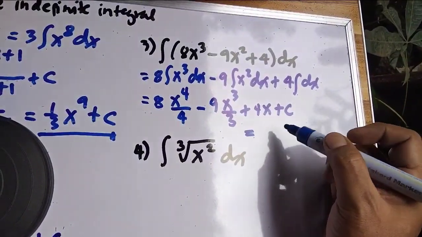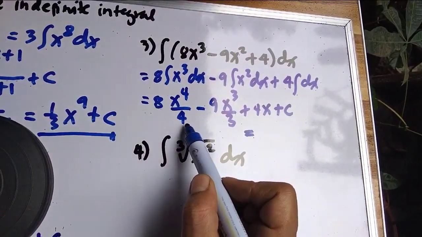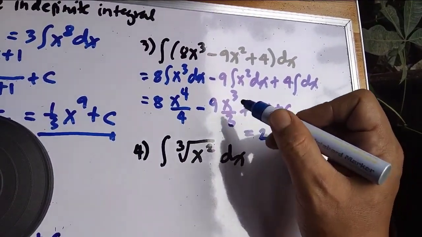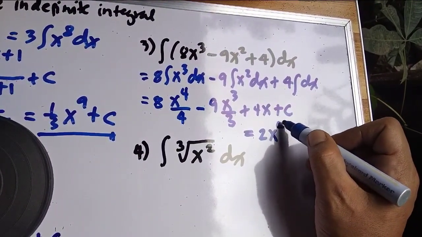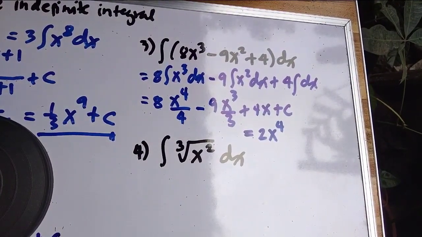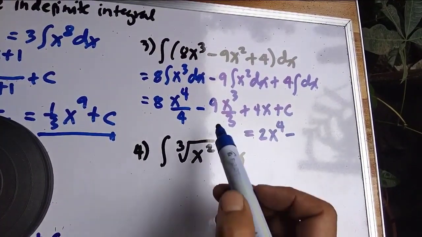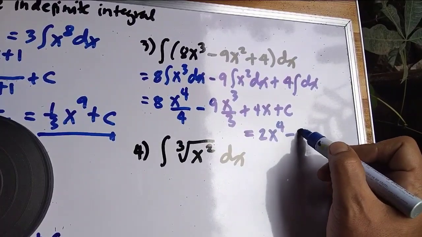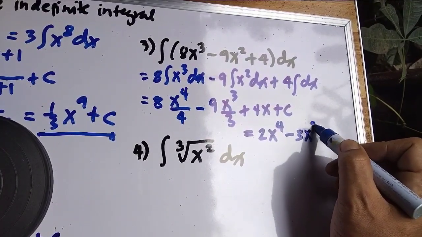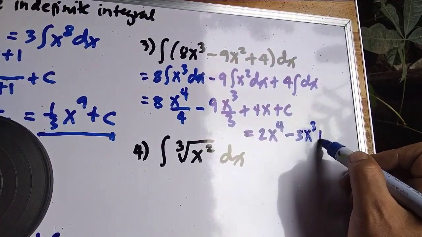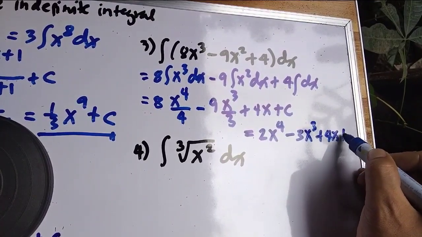We could rewrite this: what is 8 divided by 4? That is 2. You copy the variable, x to the 4th. Since it is minus here, you copy minus. 9 divided by 3 is 3. So you copy x cubed. Then copy plus 4x plus c.